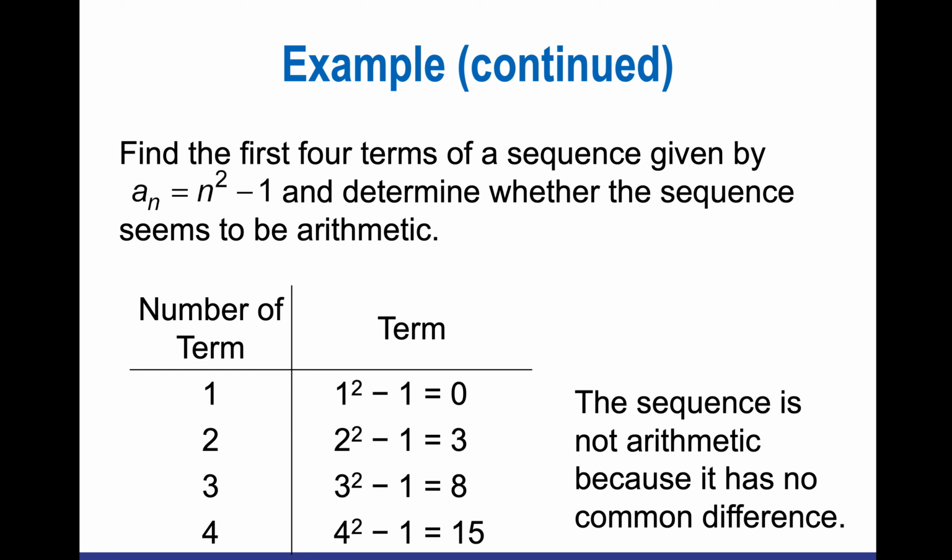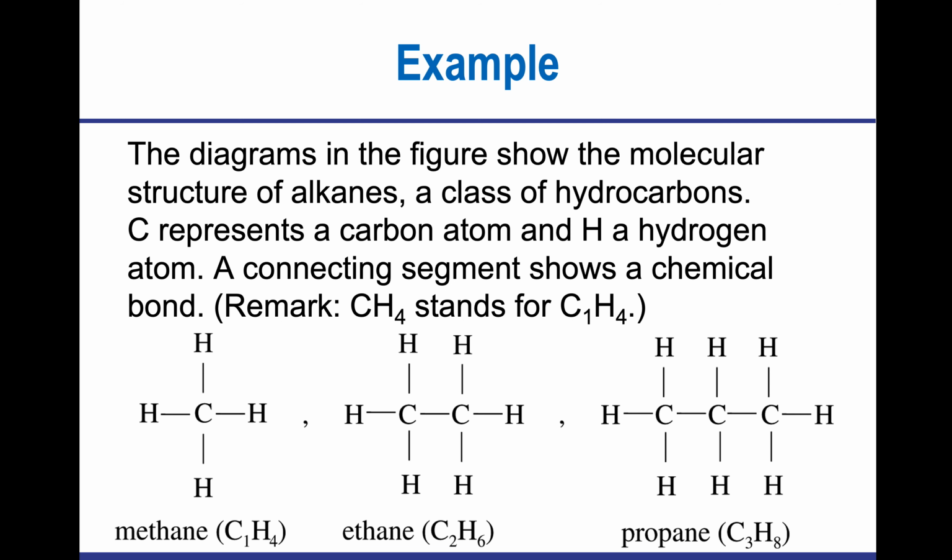So I'm doing 1 squared minus 1, 2 squared minus 1, 3 squared minus 1. And if I look at these numbers, from 0 to 3, I add 3. And from 3 to 8, I add 5. So right there, it's not going to be arithmetic because you can't add 3, then add 5. You have to add the same number every single time. So this is not going to be arithmetic.